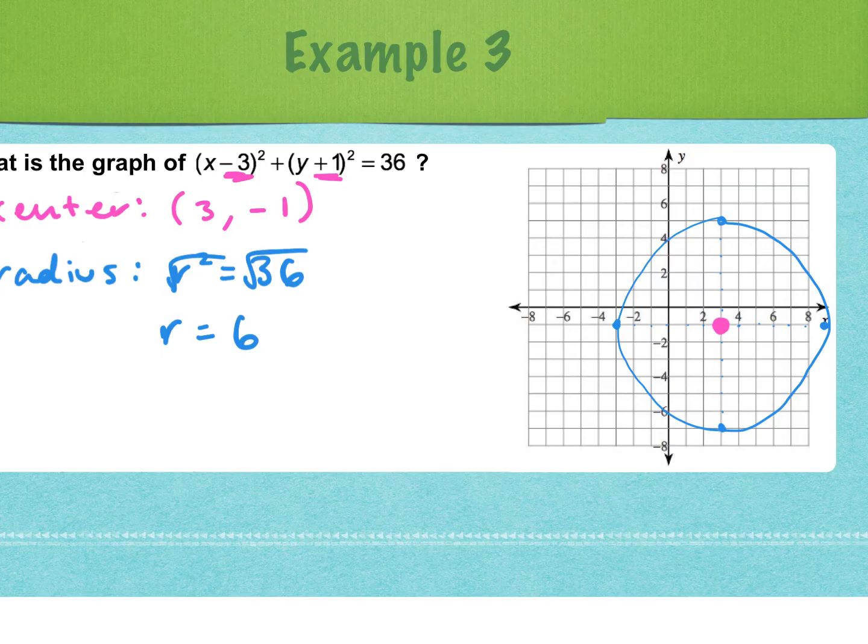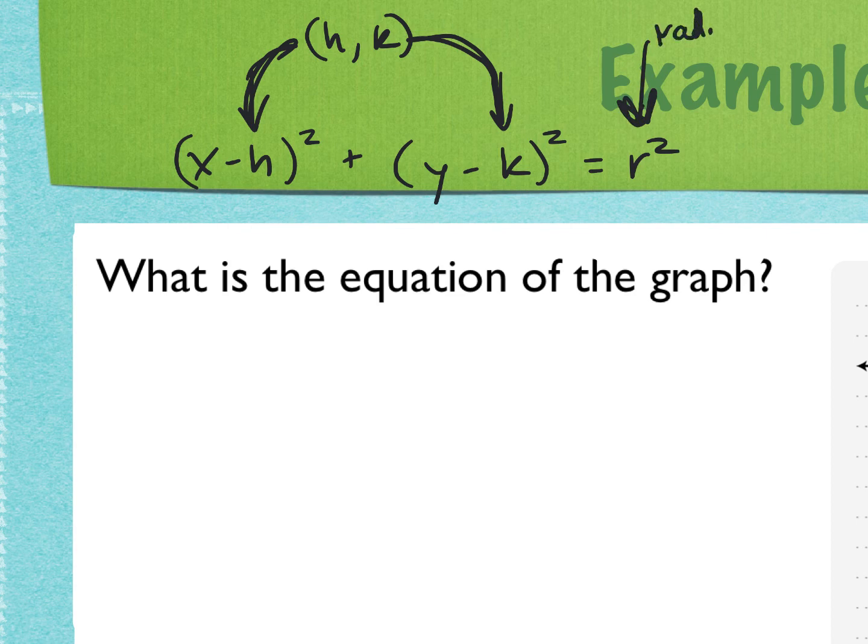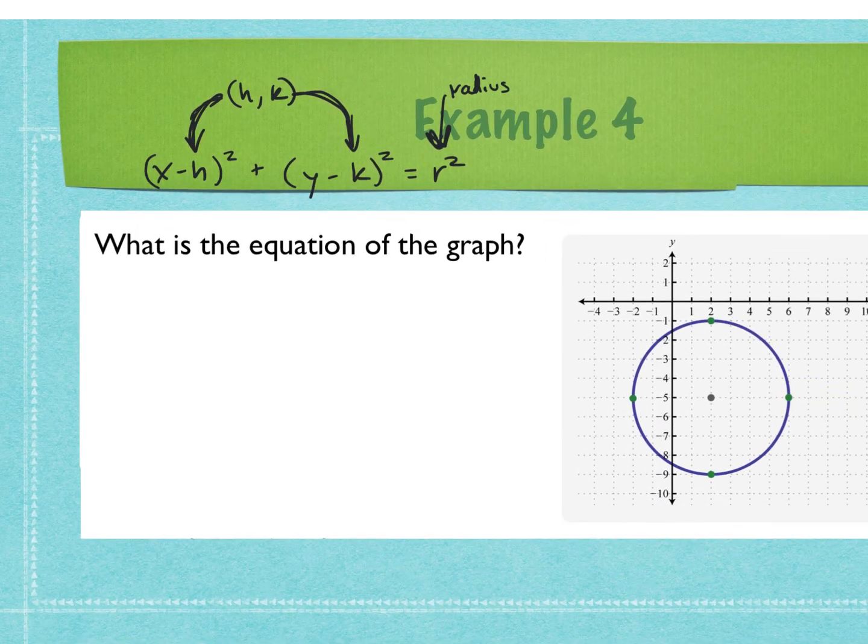Any questions here? This is our standard form of a circle. So we have to figure out what our center is, because our center is h comma k, so that's just going to go in these 2 spots. There and there. And then we have to figure out what our radius is, and that goes there. So looking at our graph, what is this point in the center?